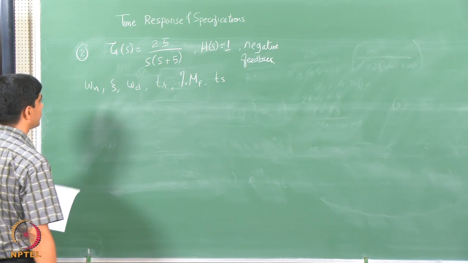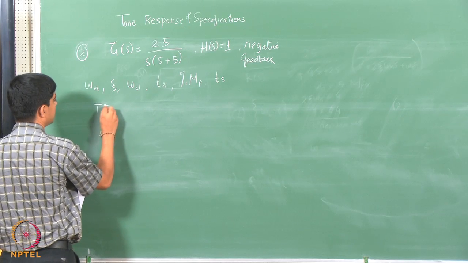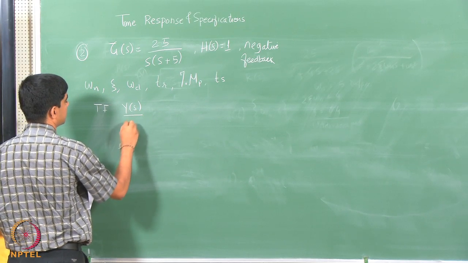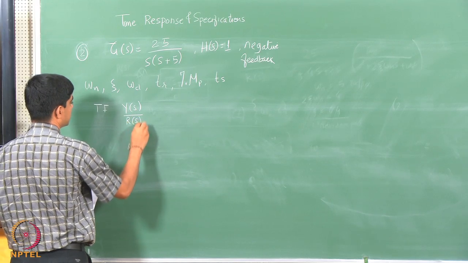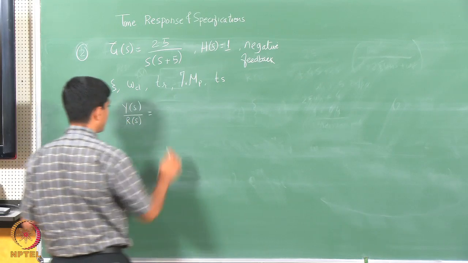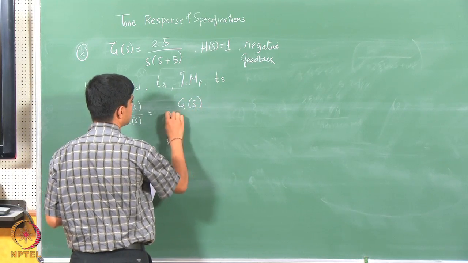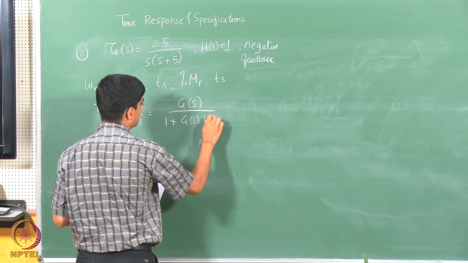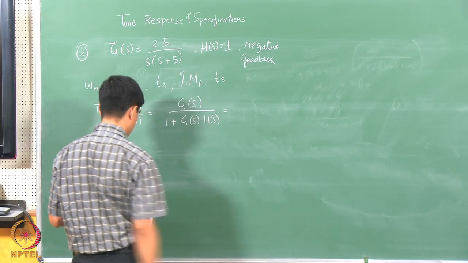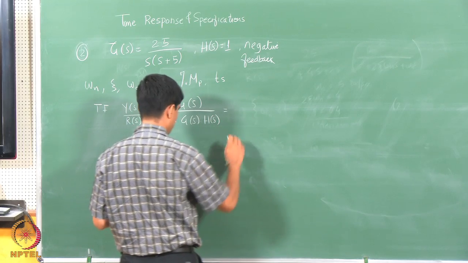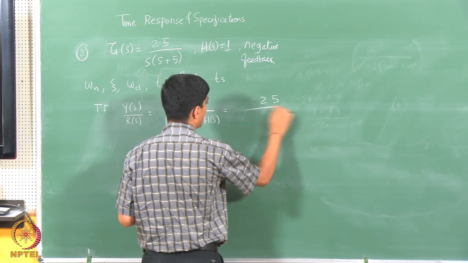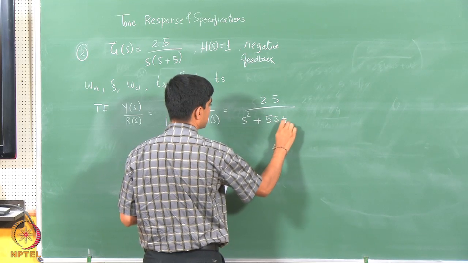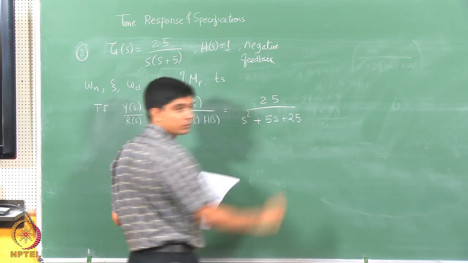Okay, so the transfer function Y(s) to R(s) is G(s) over 1 plus G(s)H(s), that would be 25 over s square plus 5s plus 25.